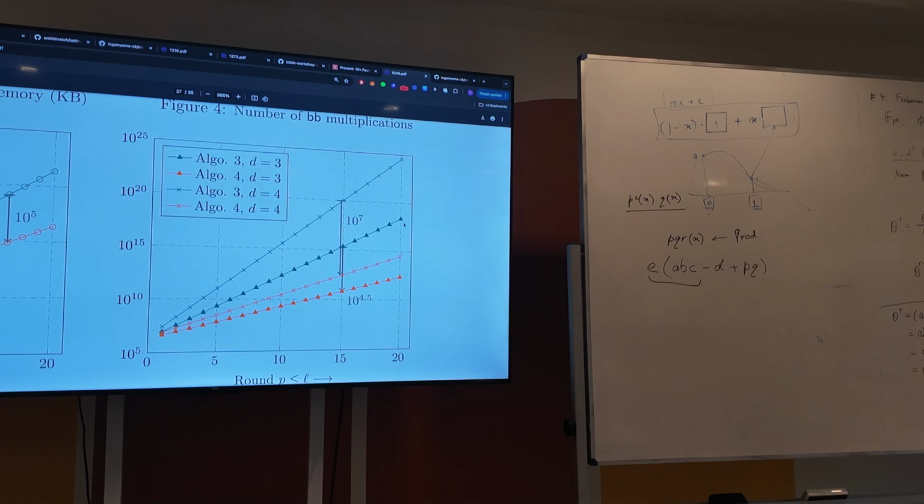So if your BB multiplications also become expensive, then you will see a gap between algorithm 3 and 4.